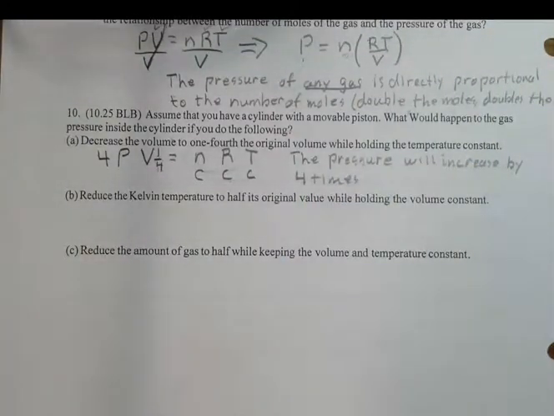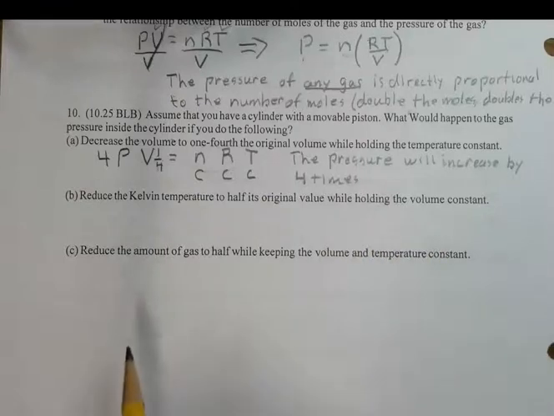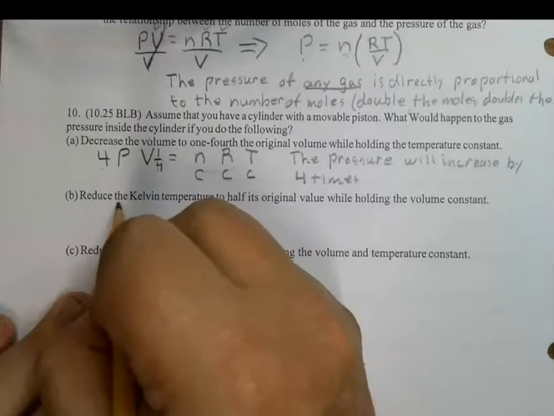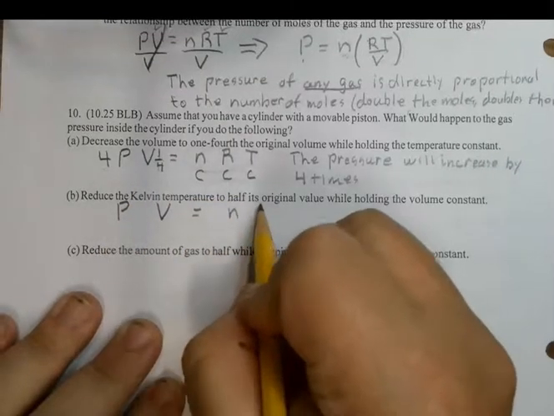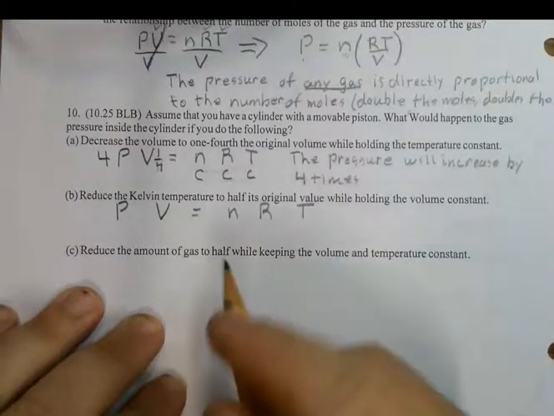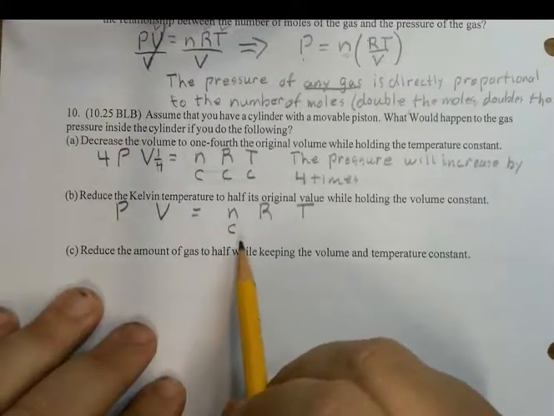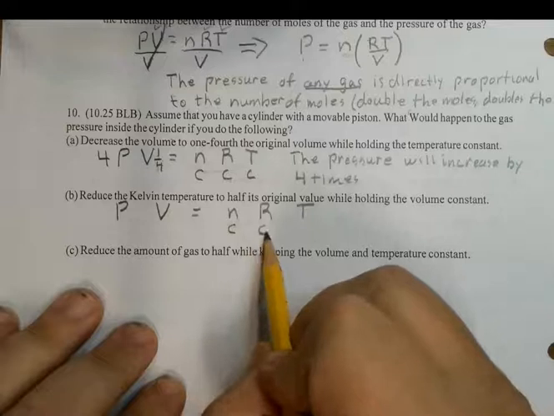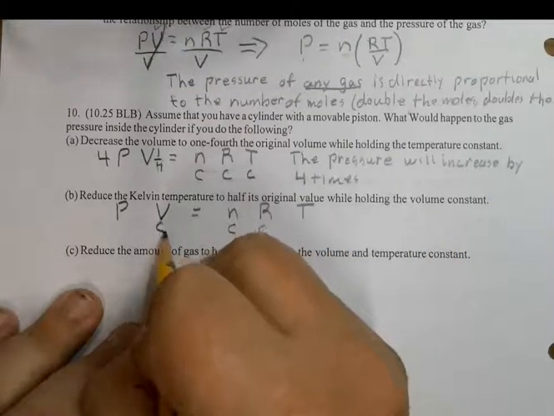All right, next. You're going to reduce the temperature in Kelvin, it's got to be in Kelvin, to half its original value while holding the volume constant. Okay, so let's go ahead and write PV. All right, so the number of moles is going to stay constant. We're not changing how much gas we have there inside. R is always constant. And it says holding volume constant, so this is constant.